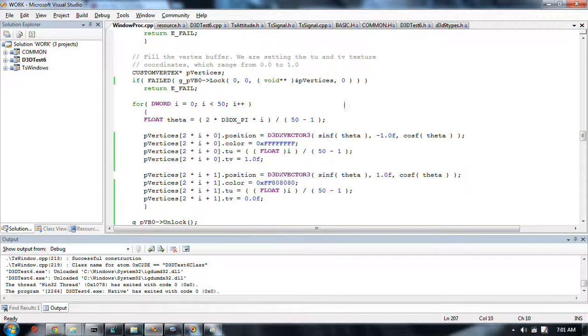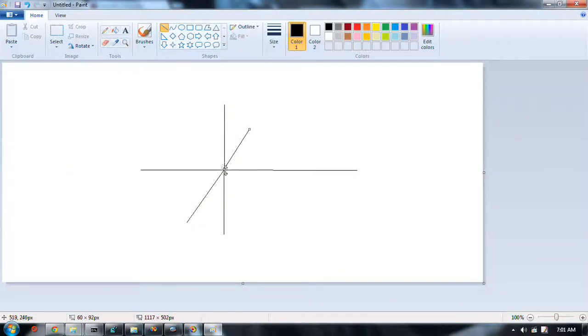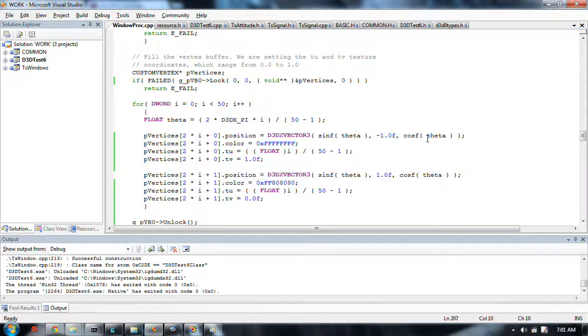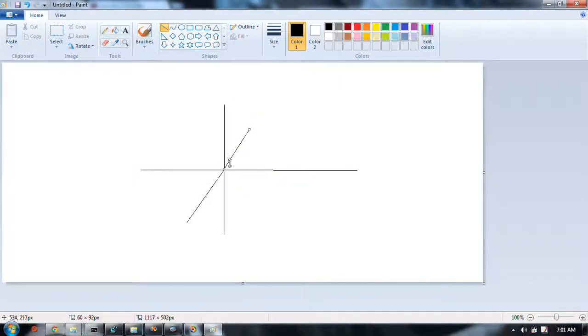Okay, so suppose theta equals 0, then we get 0 for x, and z equals 1.